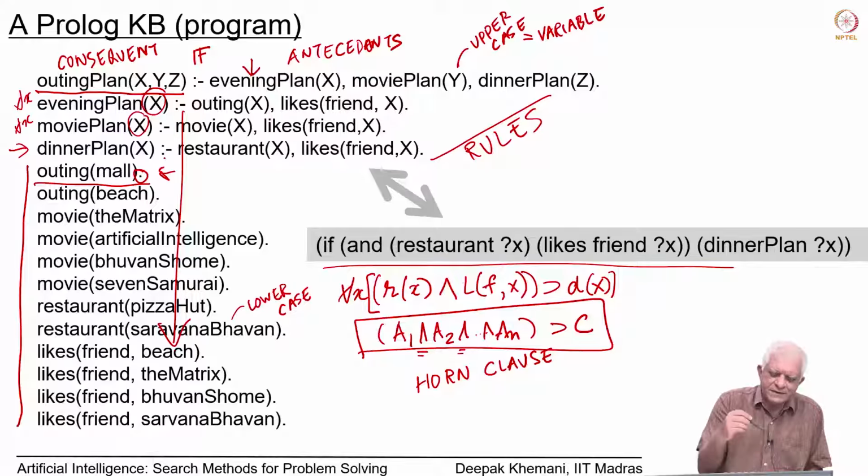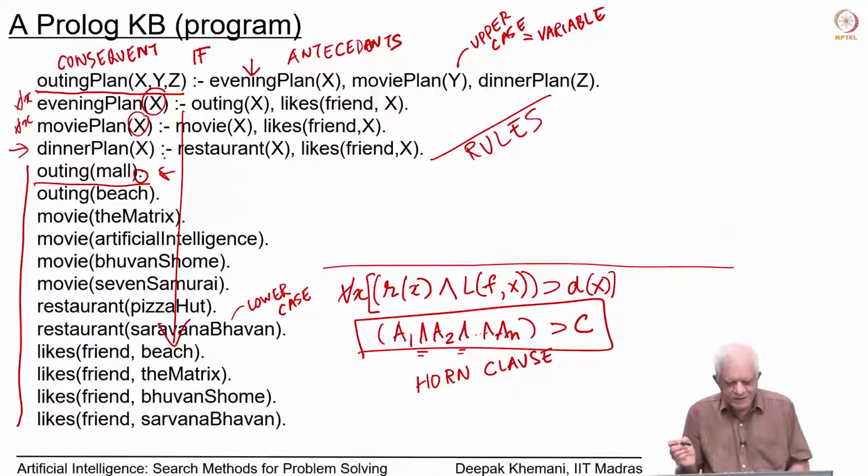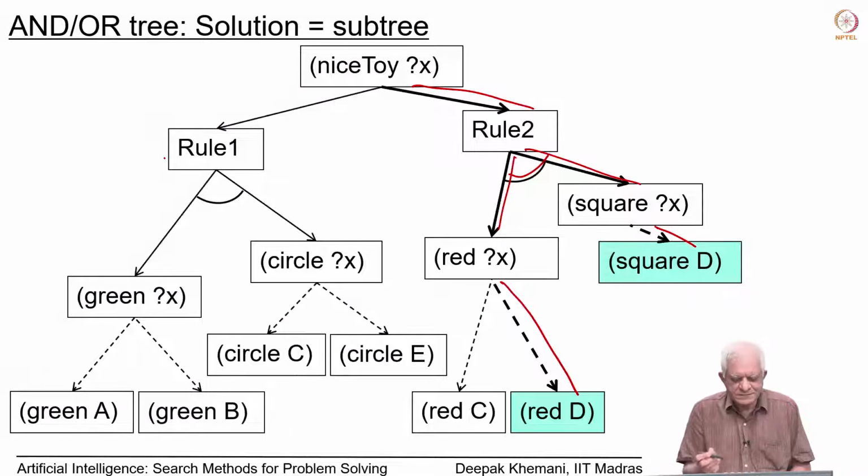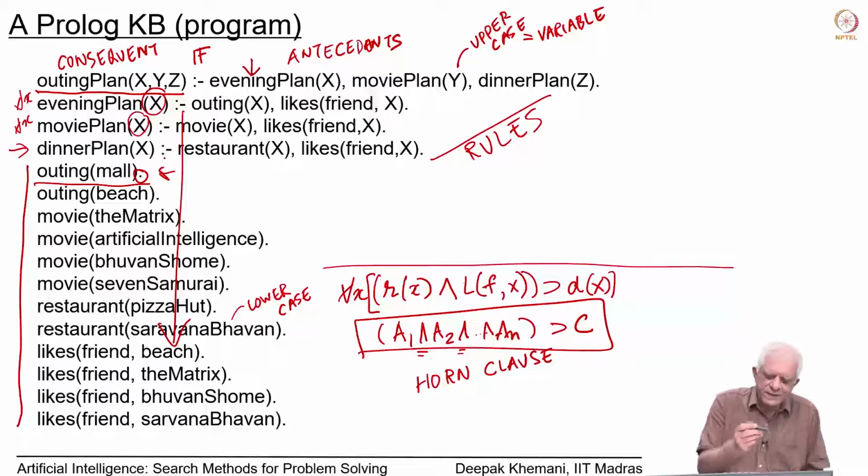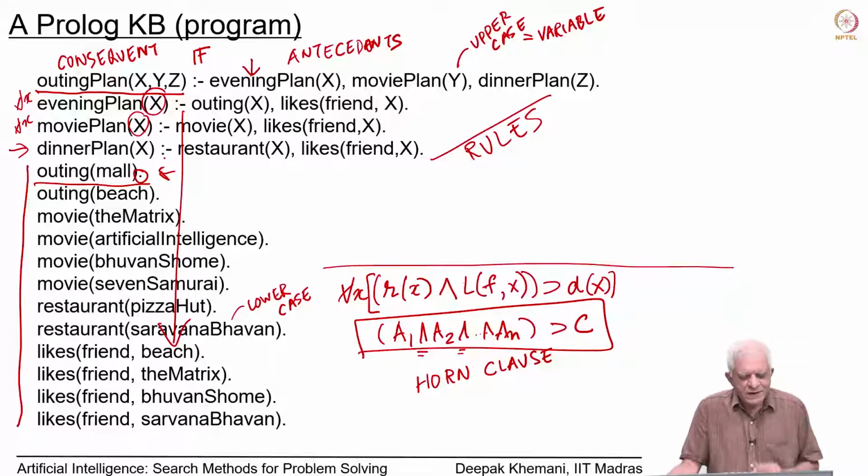You can imagine that there is the same kind of subtree that we saw in the previous example. A similar subtree exists for the program to determine whether you have an outing, and essentially Prolog does depth first search here.